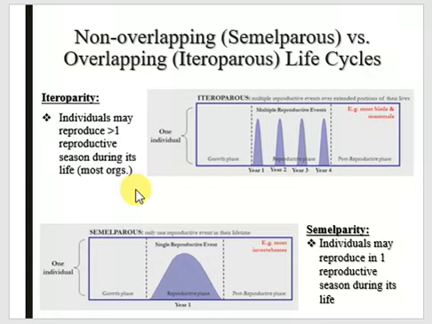So overlapping generations refers to iteroparity, where individuals can reproduce more than once during their lifetime. So there's more than one reproductive event or reproductive season during the course of its lifetime. And you see this with most organisms, particularly your K-selected, where they have several reproductive events, and the generations produced from each reproductive event will overlap, right?